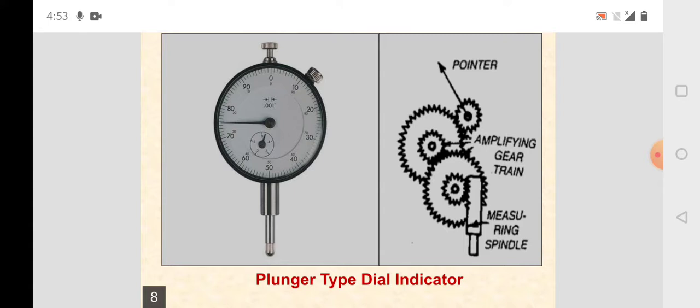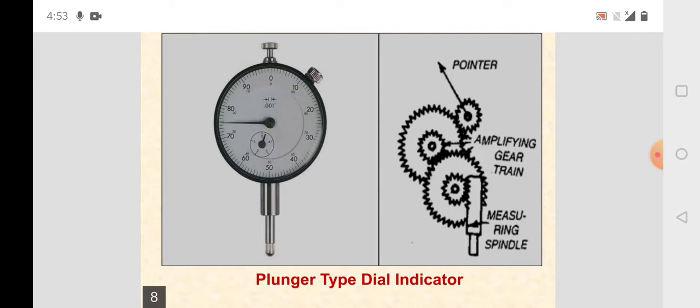If the difference is 0.01, the indicator will move by that much on the dial. There is so much magnification through this gear train and various arrangements.